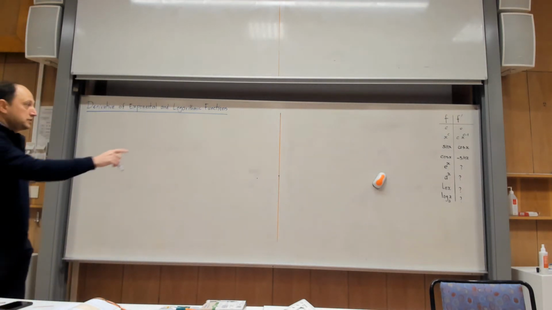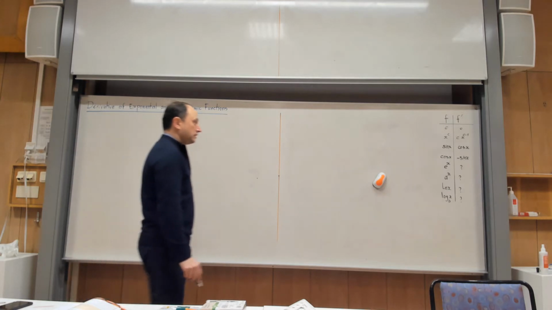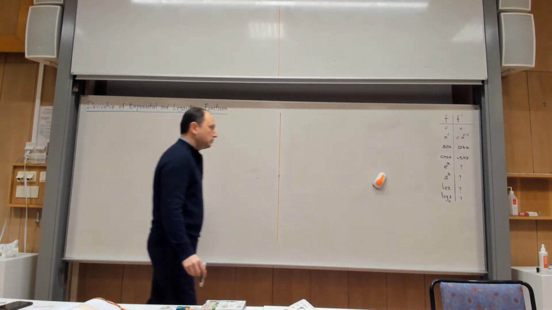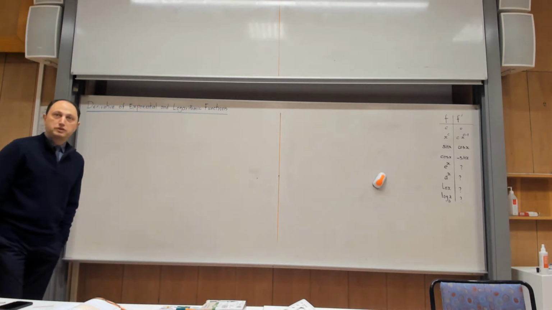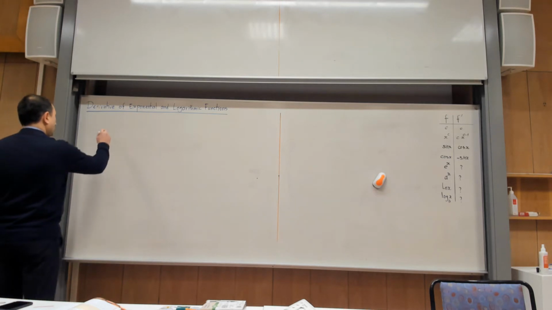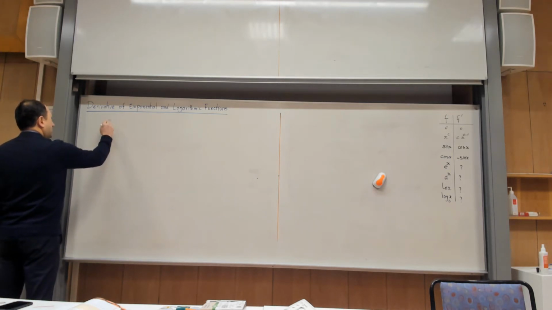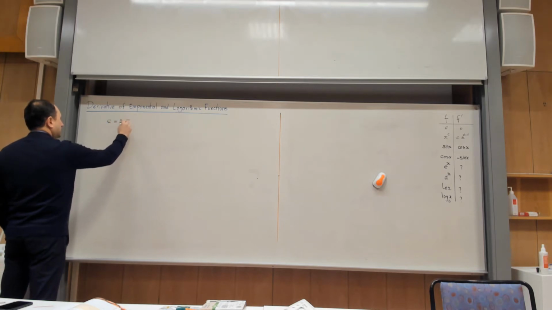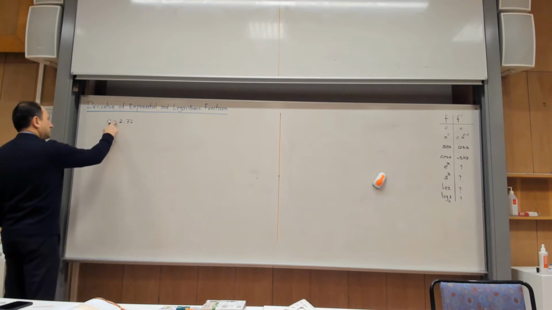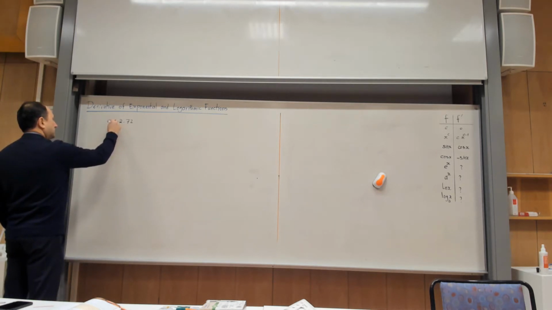Okay, so the first function that we want to talk about is the exponential function whose base is the Euler number. The Euler number is also a very famous number in mathematics, like the number pi. E is some number around 2.72 if you round it to 2 decimal places. So let me write approximately this number.